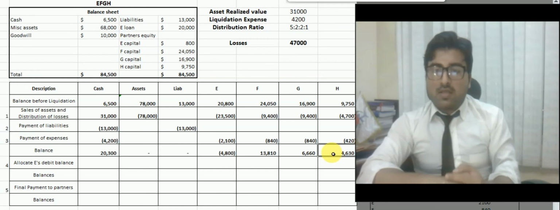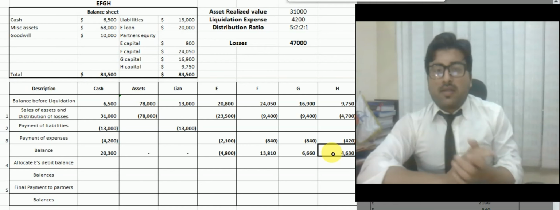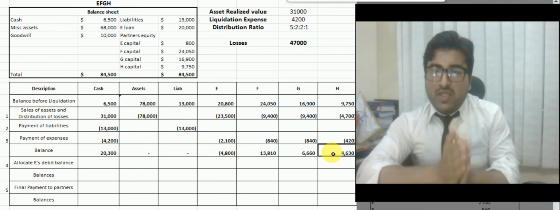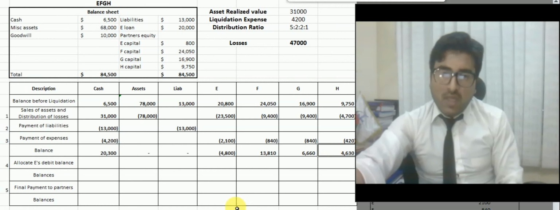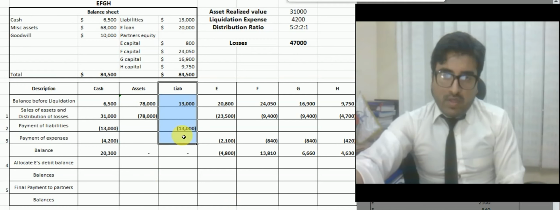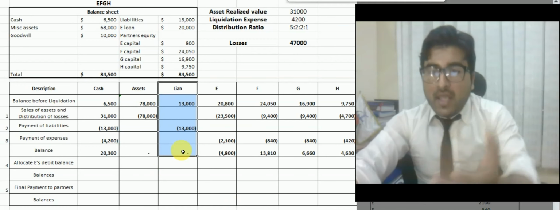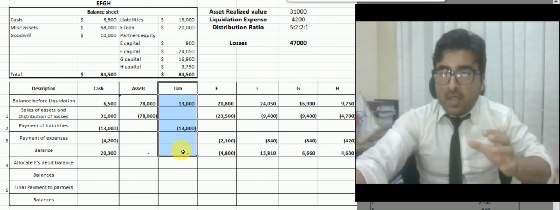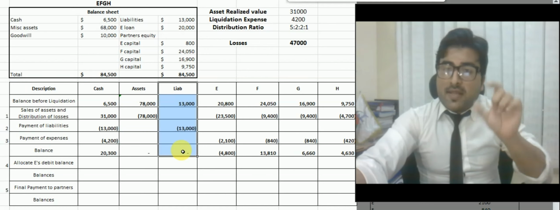One question some students are asking here: why are we not treating the loan of the E partner like a normal liability? For example, here we have a column for liability, and we pay this liability before everything. We give it preference, because this is the creditor.